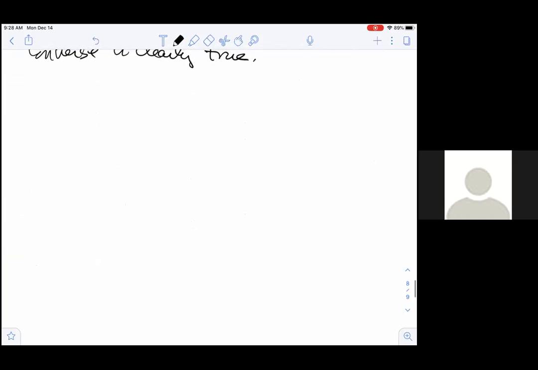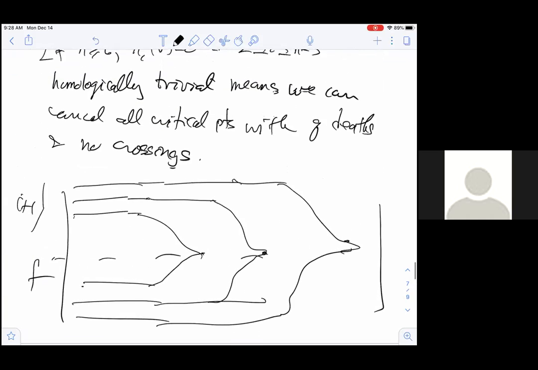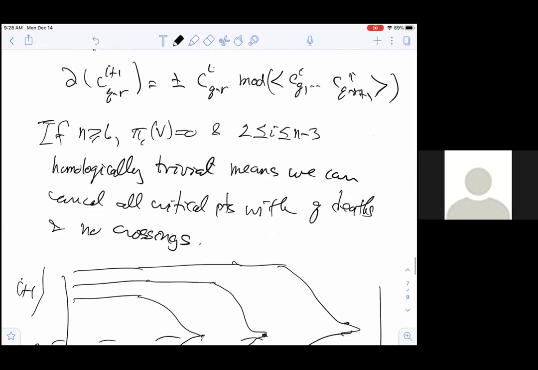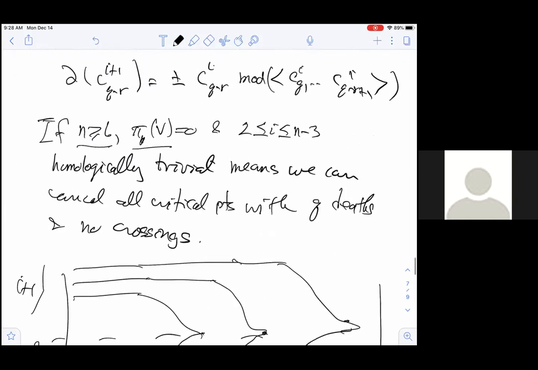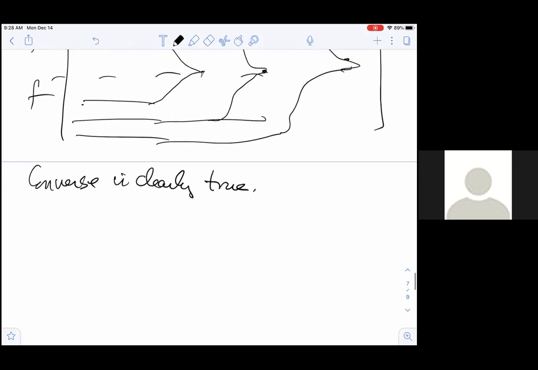Okay. All right. So Smale's theorem is, of course, buried in here under the high dimensions, simply connected, and i in the middle range. If things homologically cancel, then you can deform by an isotopy to make them actually geometrically cancel.